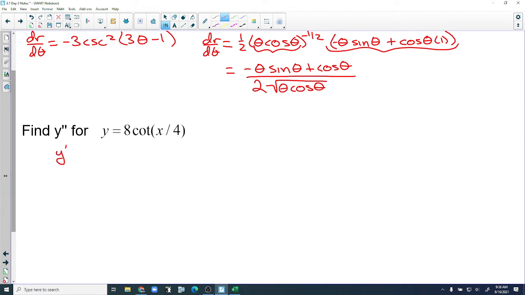But it's 1/4 x. So the derivative of x over 4 is just 1/4, by the way. We have negative 8 cosecant squared of x over 4, and then times the derivative of the inside, which is just 1/4. The first derivative is negative 2 cosecant squared of x over 4. All right, now try to get that derivative, and maybe you had it right anyway. See if you can go from there if you had it wrong.